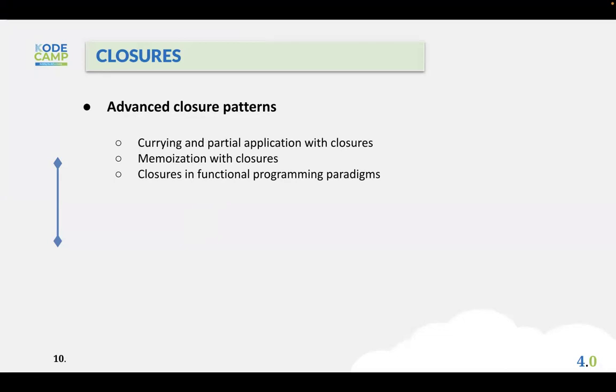And they enable data encapsulation, creating private states and promoting modularity, which are key aspects of functional programming. So closures can be used to implement higher order functions. Always remember that higher order functions are functions that take functions as arguments or return functions as outputs, further enhancing the expressiveness of functional programming.